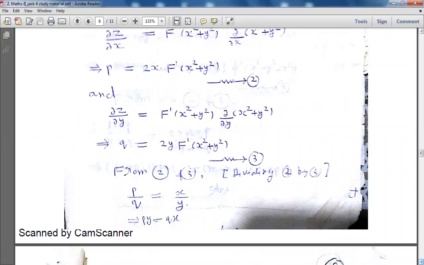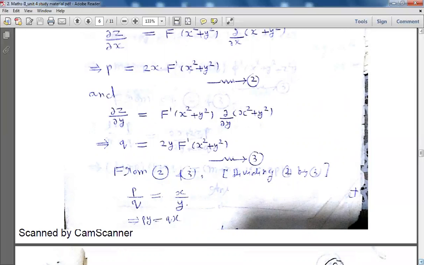Partially differentiating with respect to y, we get del z by del y equal to f dash of x squared plus y squared times the partial derivative of x squared plus y squared with respect to y. The result is q equal to 2y f dash of x squared plus y squared. This equation is number 3.